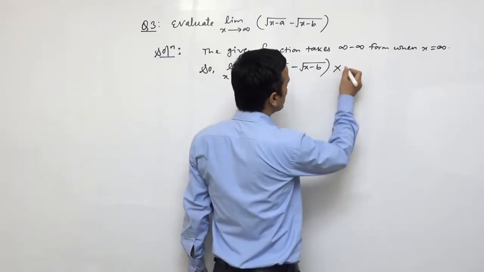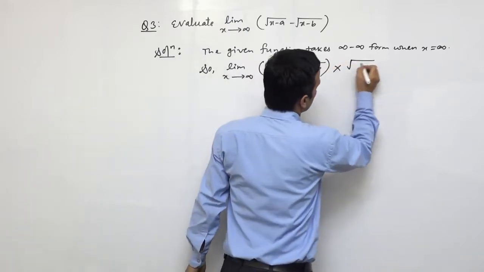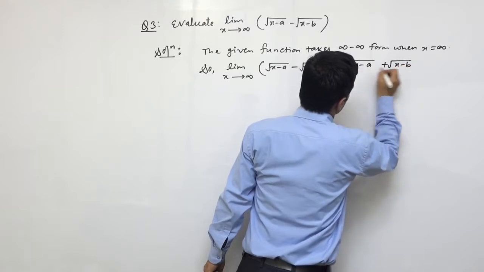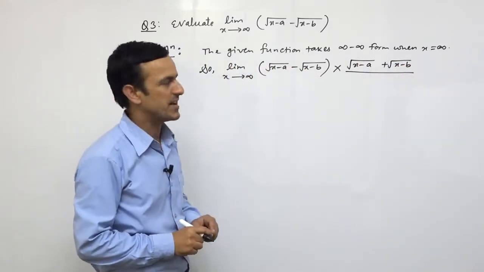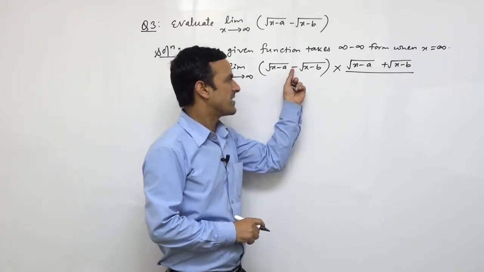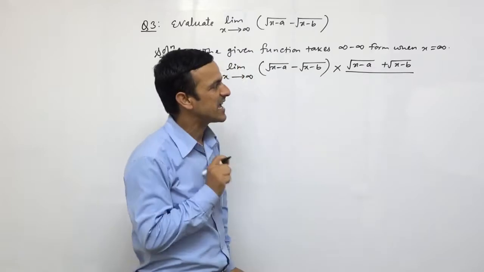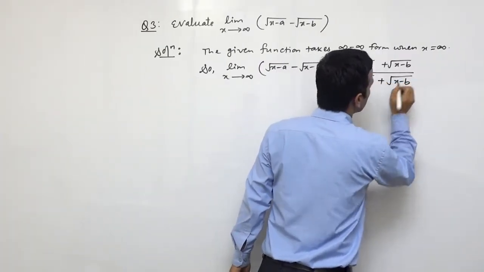So it is also called the conjugate of this term. So what will be the conjugate of this term? This will be root under x minus a plus root under x minus b. So the opposite of minus is plus. Only you have to change the sign. So root x minus a plus root x minus b.